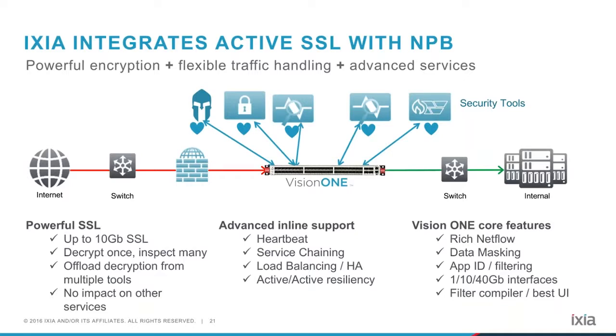So it's very nice to be able to do that kind of thing in conjunction with your decryption. The data masking I've already talked about. So this is a really nice combination of features. And if you think, well, basically SSL is a feature now that you can add on to a device, a packet broker with great security support is an ideal place to put that.